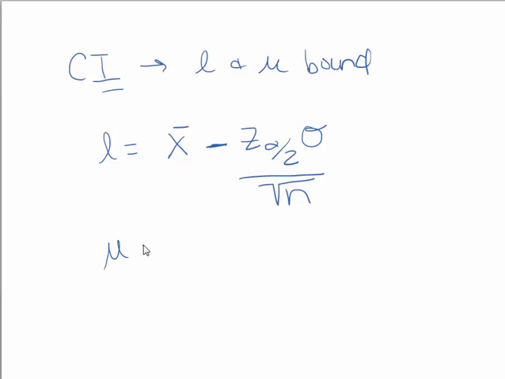And our upper bound is x bar plus z alpha over 2 times sigma over square root of n.